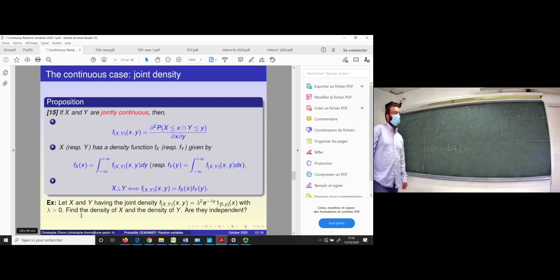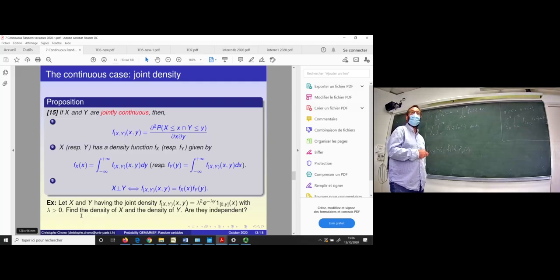If I want to obtain the joint density function from this formula, what do I have to do? I have integrals depending on the upper bound. So if I compute the derivative with respect to x, it makes the first integral disappear. If I compute the derivative with respect to y after, it makes the second integral disappear, and what remains is what I have inside. So it's exactly what is written here.